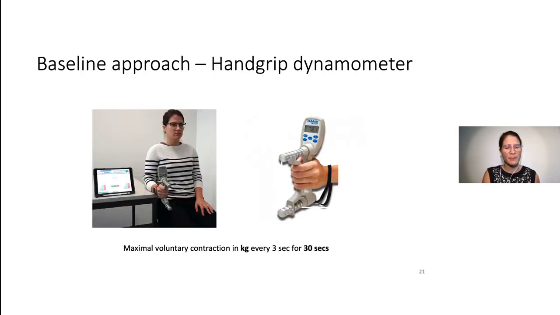So for the baseline approach, we use a Handgrip dynamometer. We use the Jamar dynamometer that we can see here with the companion tablet application to record the handgrip strength. We ask participants to perform maximal voluntary contraction for 30 seconds, and we record the strength every 3 seconds.